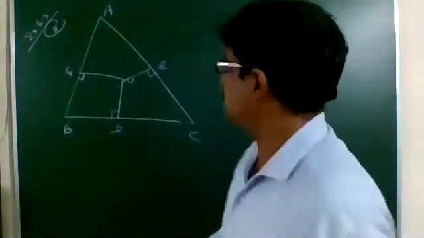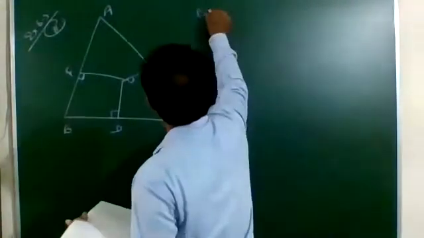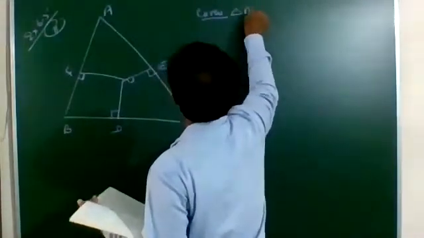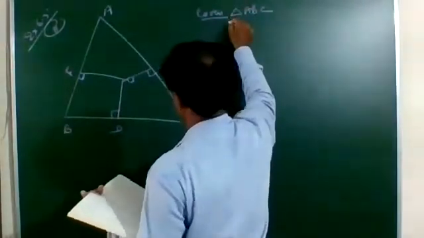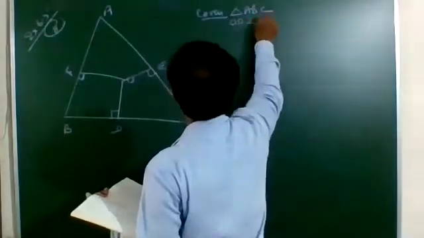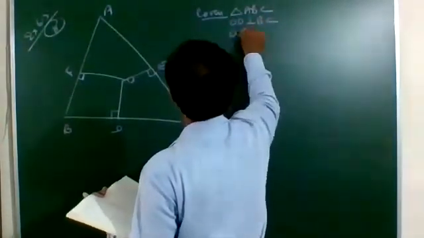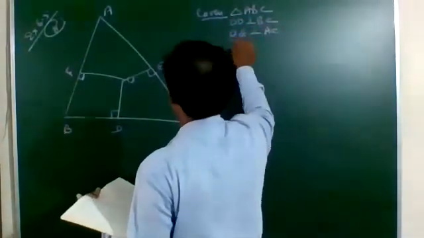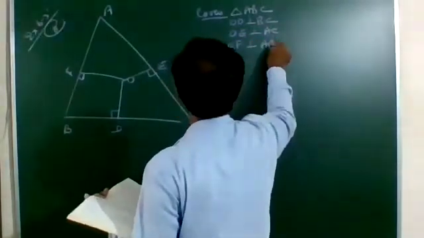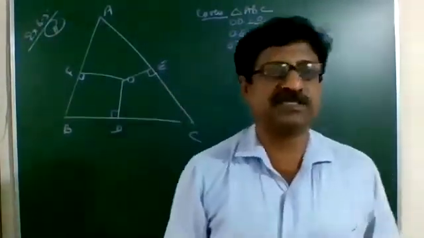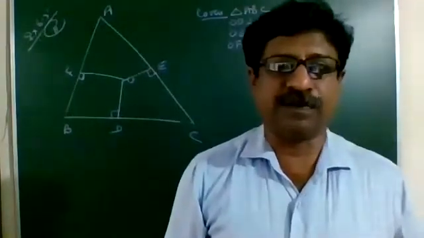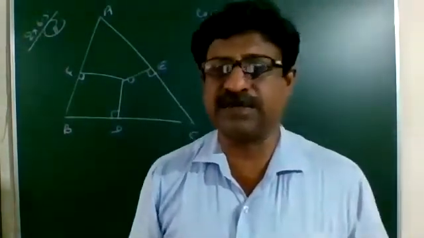The question is, whatever is given, we will write there. We have a triangle ABC. OD is perpendicular to BC, OE is perpendicular to AC and OF is perpendicular to AB. These are the three line segments drawn perpendicular to the sides.